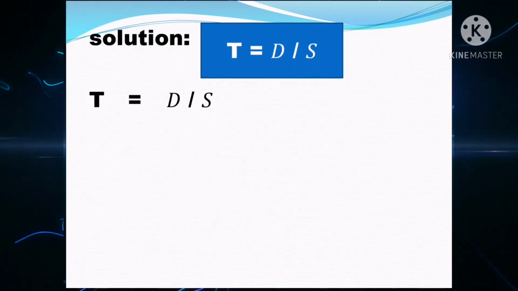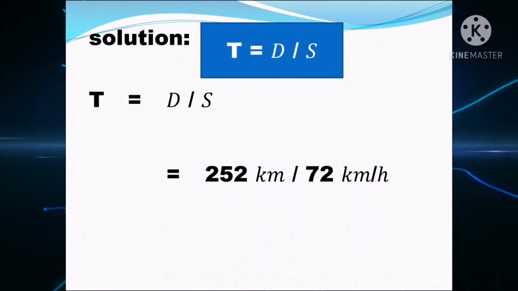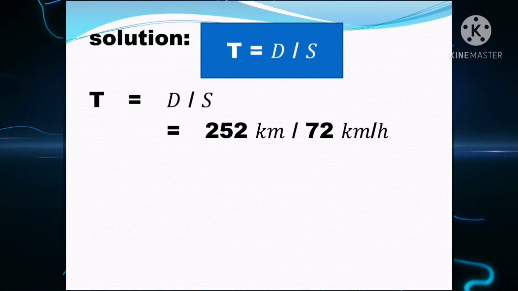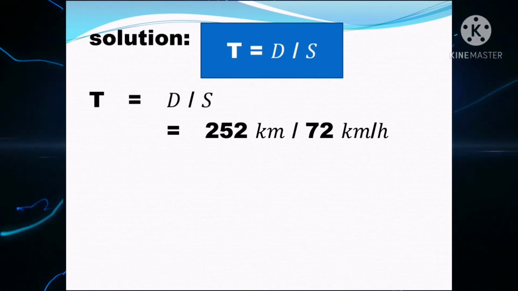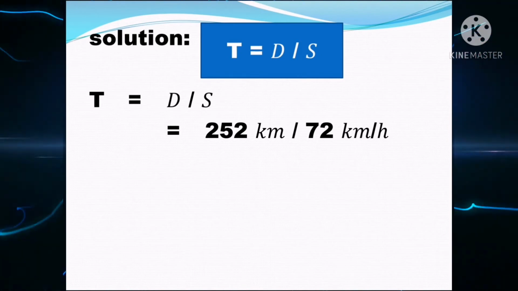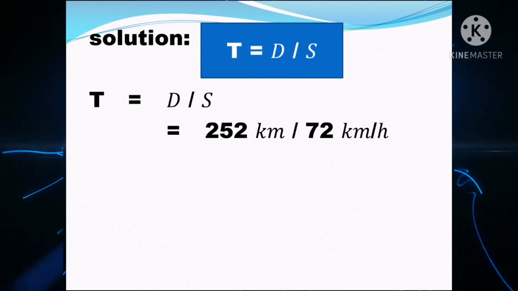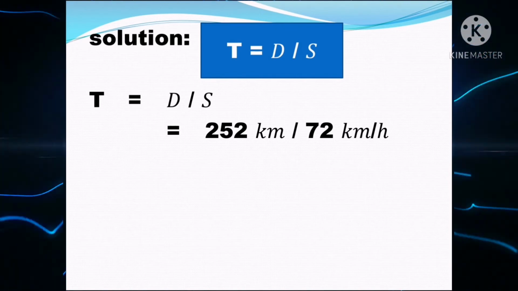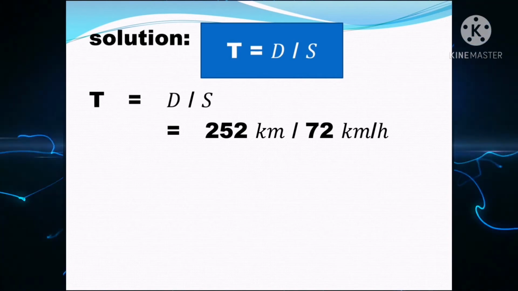Again, we are going to substitute the value for the variable. So for distance, we have 252 kilometers over the speed, which is 72 kilometers per hour. So we can omit kilometer as the unit of measure because kilometer divided by kilometer is equal to 1.